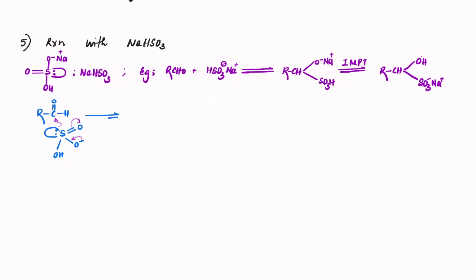As that happens, you'll get RCHO minus, and since it is connecting from the sulfur end, we will have O minus, double bond O, and OH here. Got it?